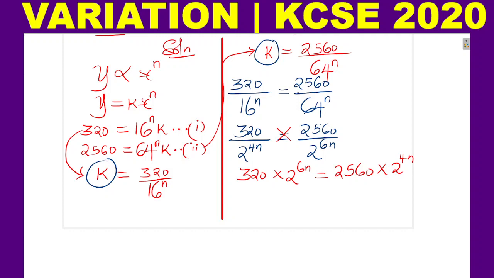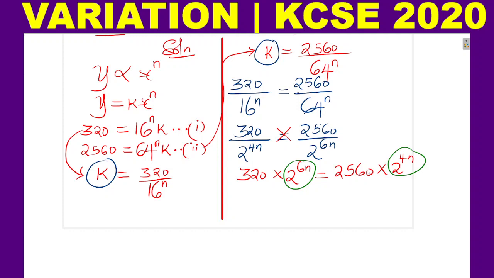So we can bring these values containing n together on one side. I'll divide both sides by 2 raised to power 4n, and then I take 320 to the right hand side. So this is what I will have.